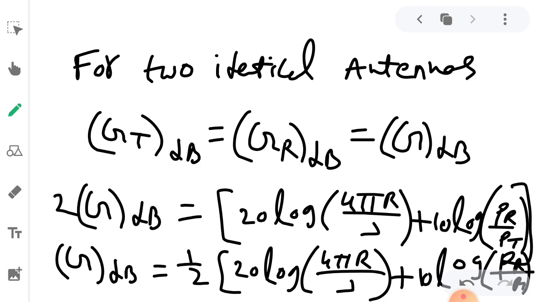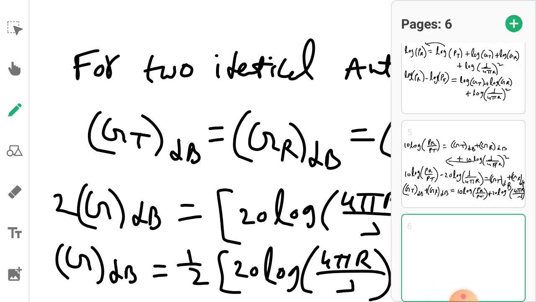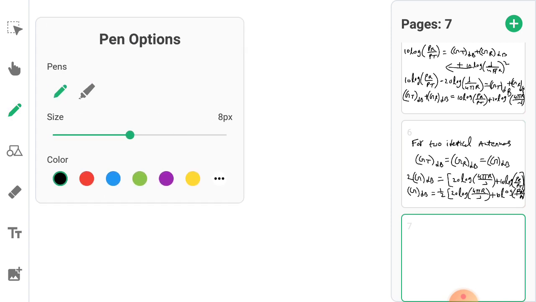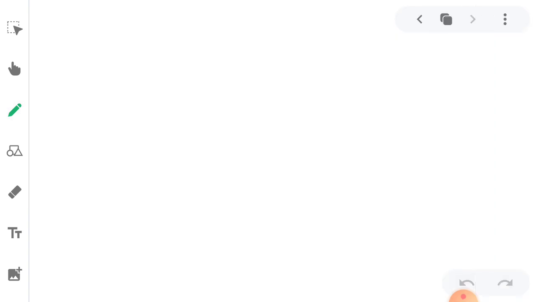That is the absolute method. I have already told you, in the absolute method itself we have two types in measuring the gain. So the two antenna method is a sub part of the absolute method, and next we have the three antenna method. This also comes under the absolute method only.